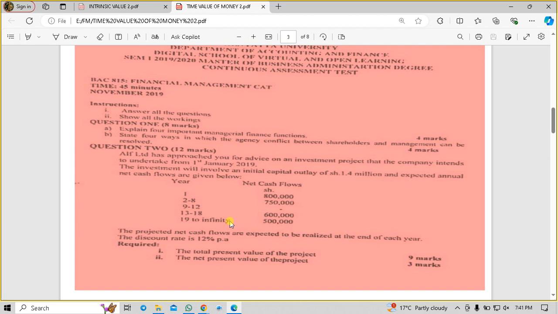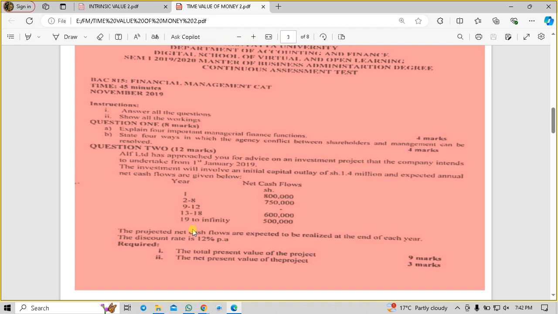From the 19th year to infinity, that means as long as the project will exist. So maybe the project will exist up to the 30th year, or maybe the 20th year, maybe the 25th year. But from the 19th year to infinity, the project will be stable. They are expecting to be making 500,000 every year.